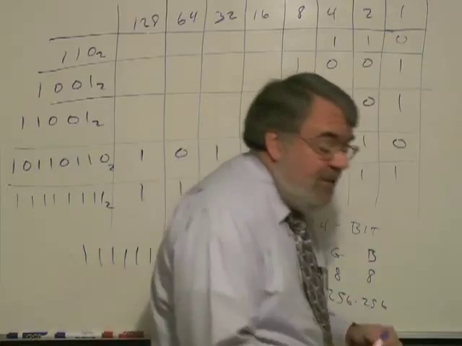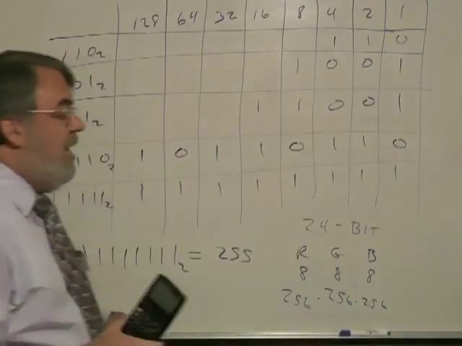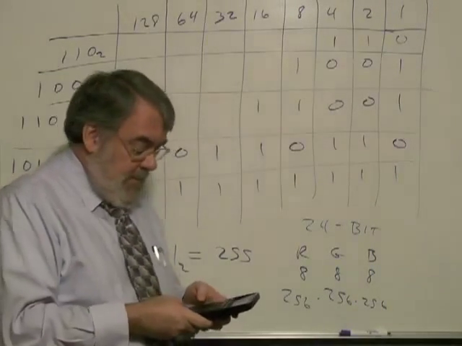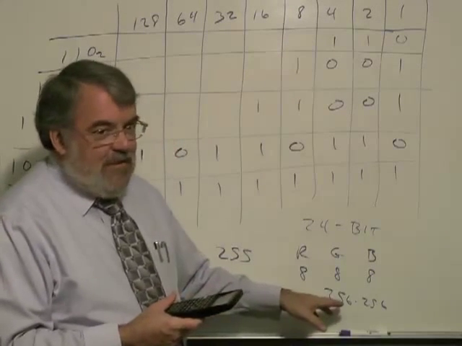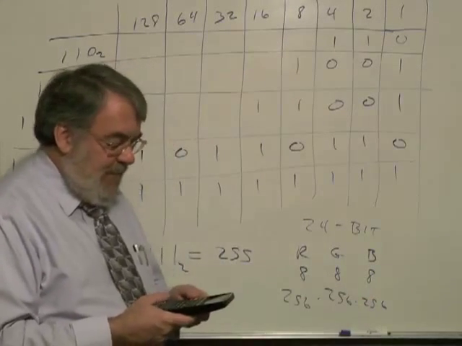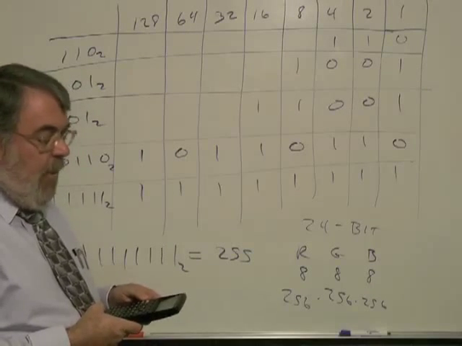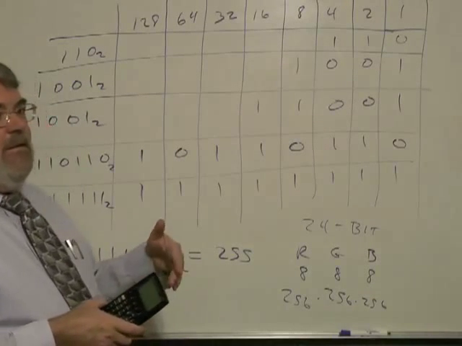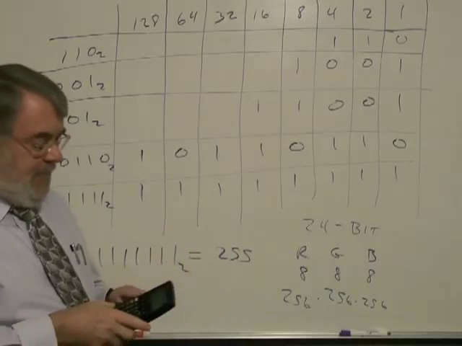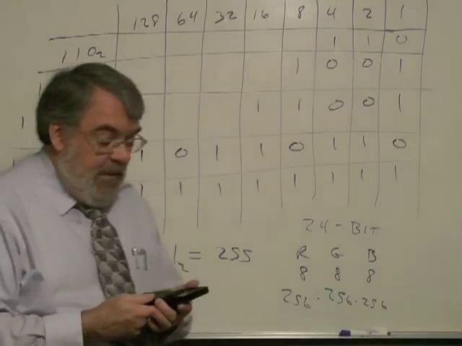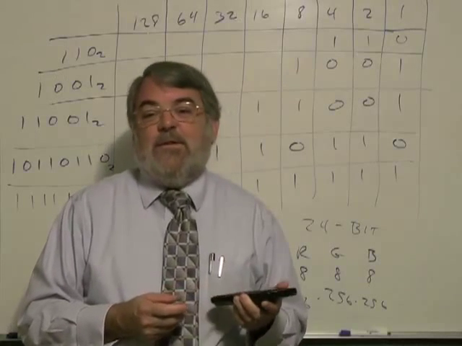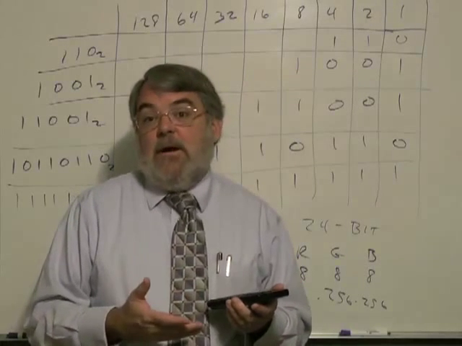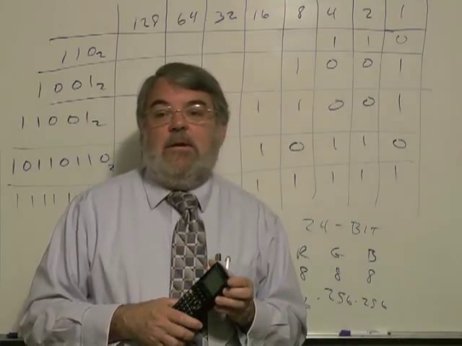Anyway, a computer screen which has 24-bit color: if I multiply 256 times 256 times 256, or if you raise 2 to the 24th power, it would be the same thing. That means there are 16,777,216 possible different colors that can be represented on a computer screen.